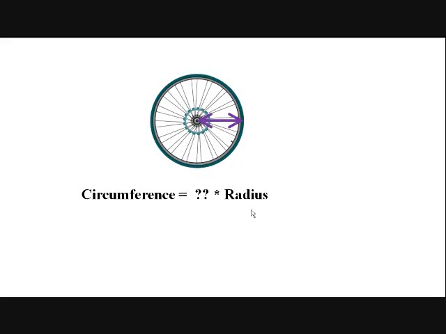Okay, let's start with what we know. What we know is that the circumference is pi times bigger than the diameter. Now, if there's some way that we can write the diameter in terms of the radius, we're done, because then we have radius stuff over here times a bunch of stuff is equal to the circumference, and we're done.